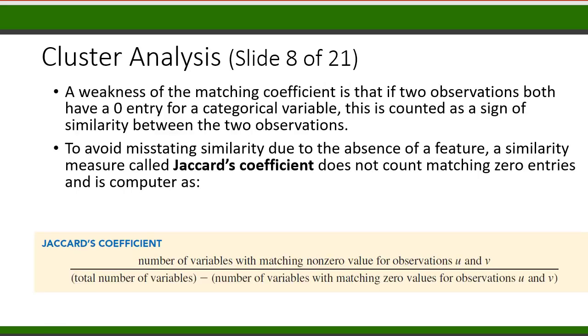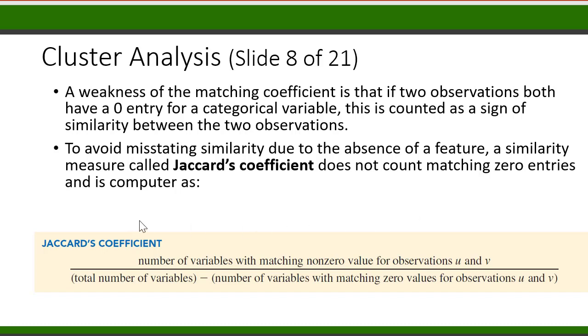So a problem with that is that if you have 2 observations that have a 0 entry for a categorical variable, then that's counted as a sign of similarity between the 2 observations. So in order to try and avoid misstating that similarity due to not having a feature, you can calculate something called the Jaccard coefficient, which does not count matching 0 entries.